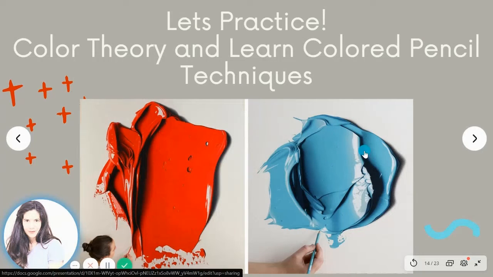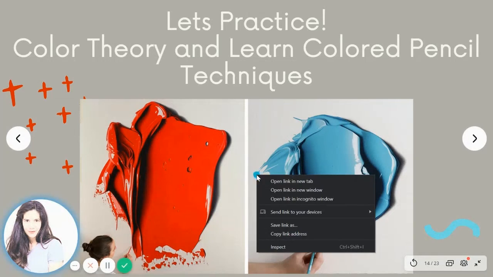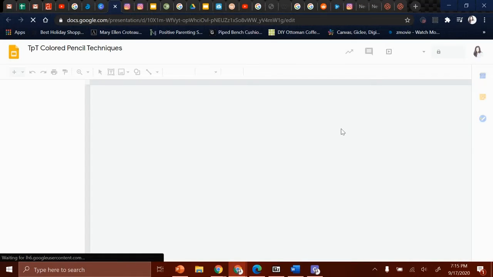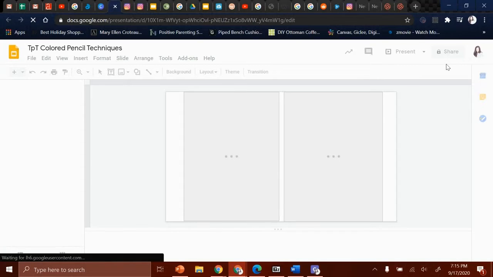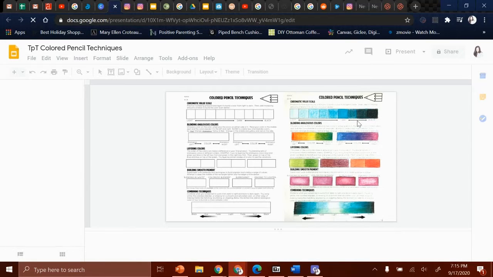Now it's your turn to practice. We are going to be learning how to use colored pencils and use the color theory. What you're going to be doing right now is grabbing your colored pencil technique worksheet, and you are going to be following along as this presentation goes on.